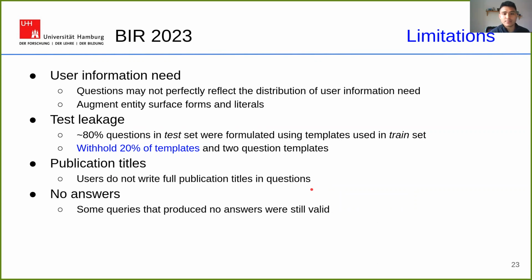In addition, some queries did not produce answers, and we discarded these queries from the data set, although these queries were still valid. The reason they did not produce answers was that the information was missing from the knowledge graph itself.